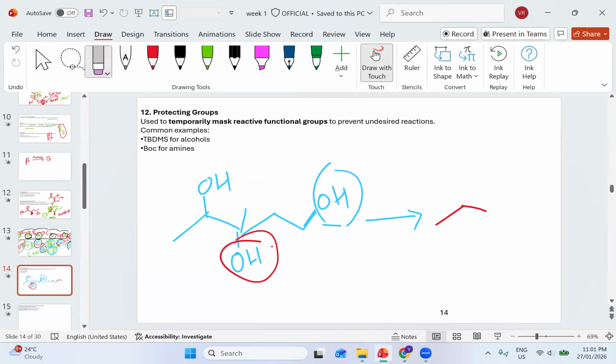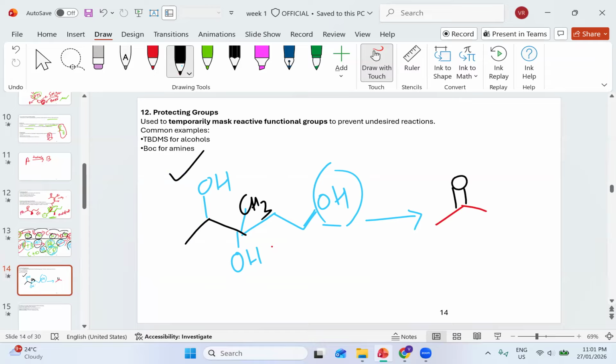Obviously, the oxidation on this is not possible, but on this one, the secondary alcohol, the oxidation is possible, right? So let's say we want this oxidation reaction to get done on this alcohol, so we can get the product.